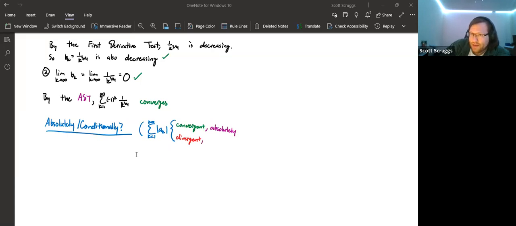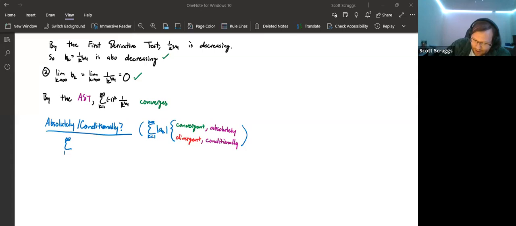However, if I take the absolute value of each term and the series now diverges, then I say that my original series is conditionally convergent. And because it is alternating, that is something I need to do. I know it converges, so does it now converge absolutely or conditionally? That'll be the next thing I need to check.